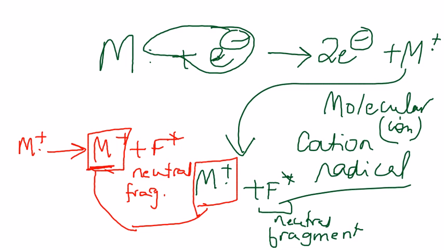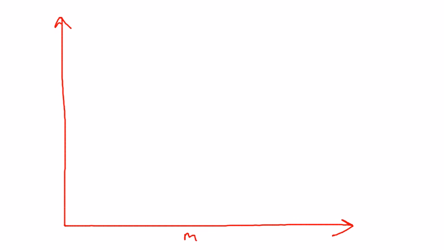Now, as we go through a mass spec and we have gotten our mass spectrograph, what can be conceived from there? What are the various different fragments that you can see? Let's talk about that a little bit. What you have on the x-axis is m by z.